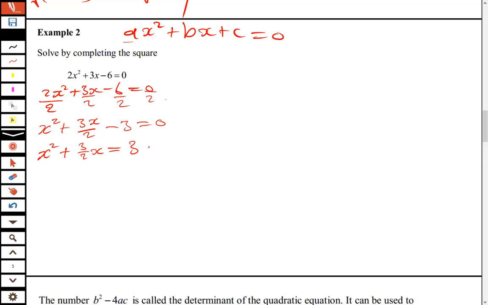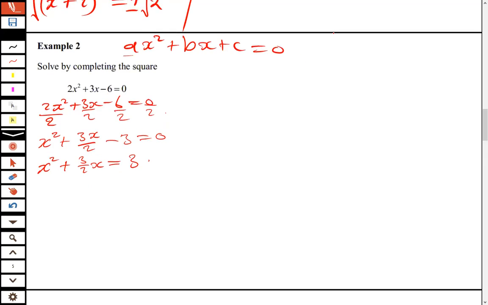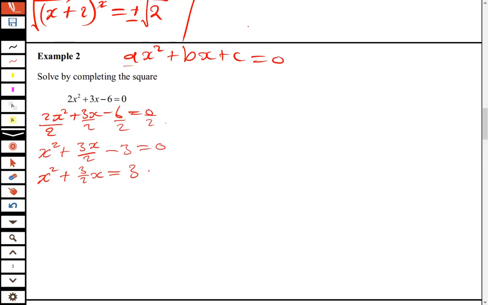So we find half of 3 over 2. Remember what I said, I gave some examples: if you've been told to find half of 20, it's just the same as multiplying half times 20, which will give you 10. If you've been told to find half of 50, it's just the same as half times 50.